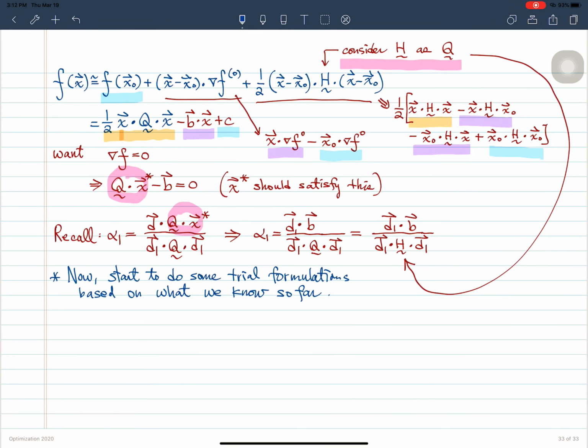When we start optimization, we usually don't know what's the proper direction to move. So the only way is that we can only move along the steepest descent direction, the negative gradient direction. That's usually the first step. And the idea is that when you move on to the second iteration, since previously we already know the first moving direction, can we consider our second moving direction as a direction which is Q orthogonal to the first one?